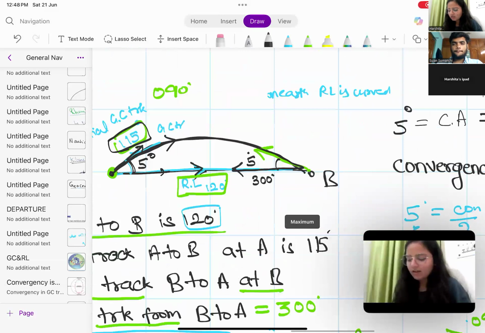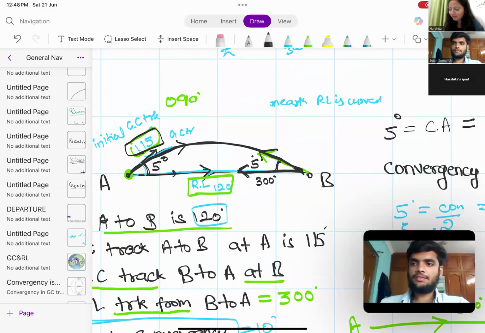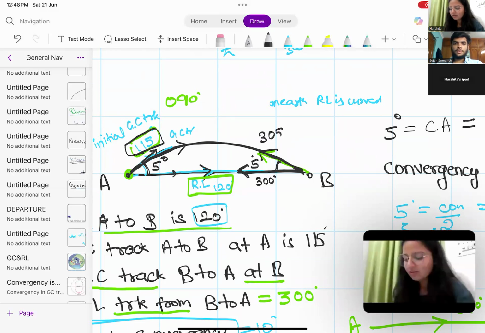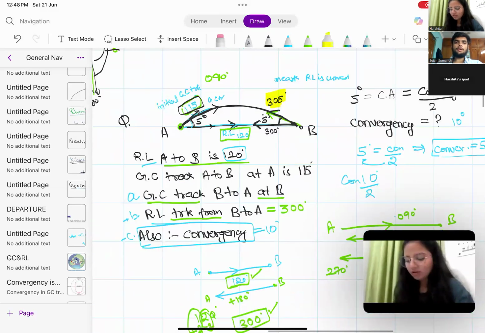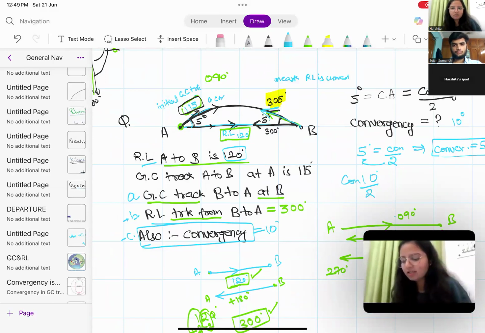So this was 300 degree. This is 5 degrees. How much will this angle be? This angle will be 305 degrees. This is what the question was asking. They wanted to know the great circle track from B to A. This is B, this is A. B to A is this direction.